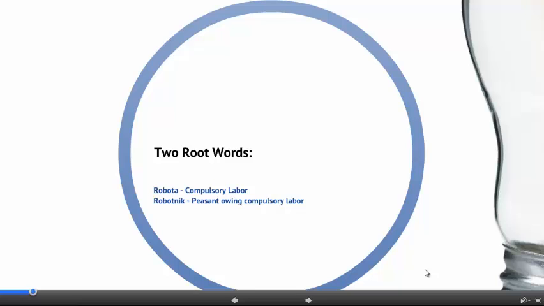And that is very true when we start trying to develop a definition for robot or robotics: robotics in general tends to try to solve a problem or have us do something that we typically don't want to do, whether it's vacuuming our house, in which case a Roomba can help you out, or defusing dangerous bombs or IEDs, in which case we have robots that do that. So the concept behind robots is very rooted in the term robot, which comes from, once again, the Czech language, where it was coined.